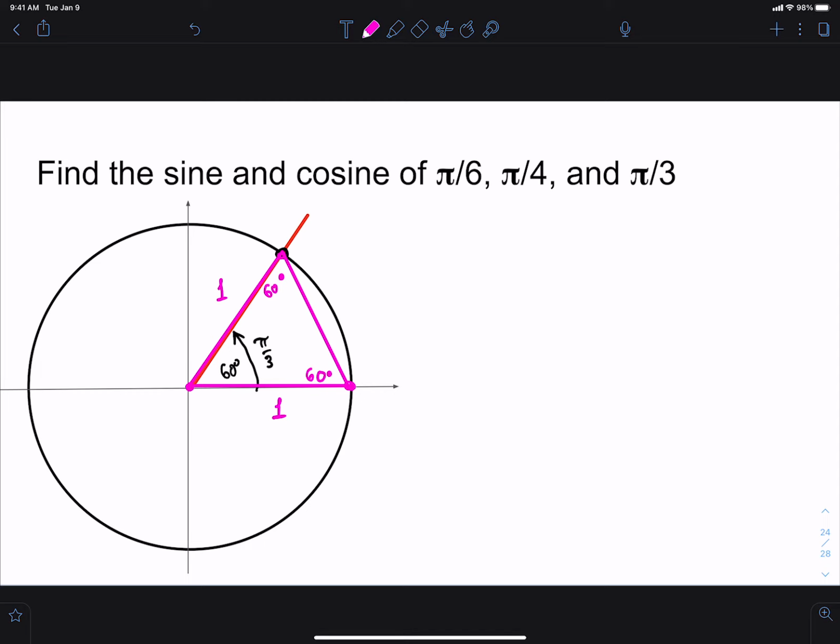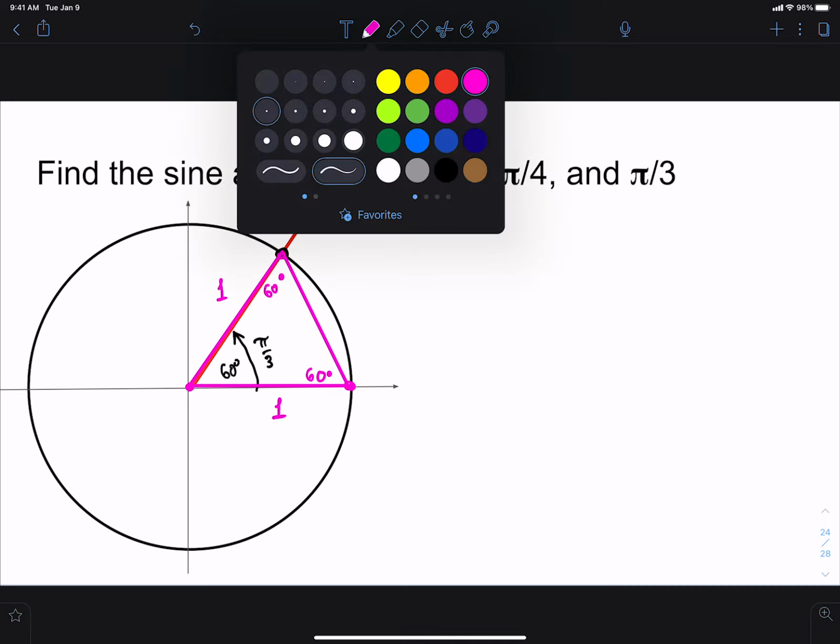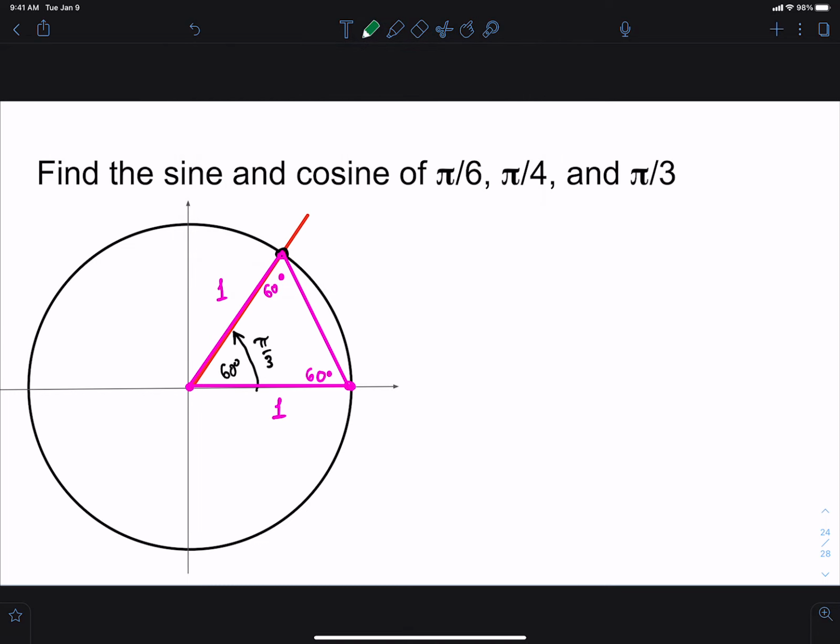And that means that, let's see, let's draw on this line.